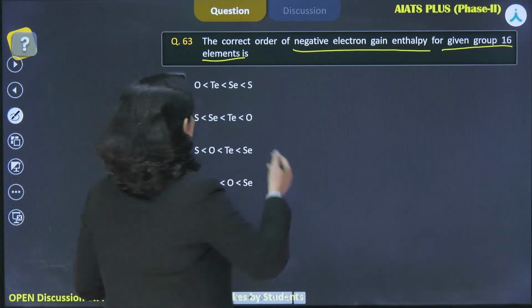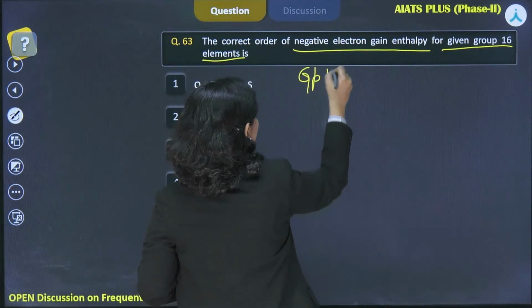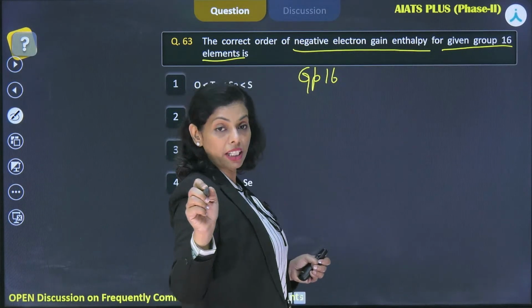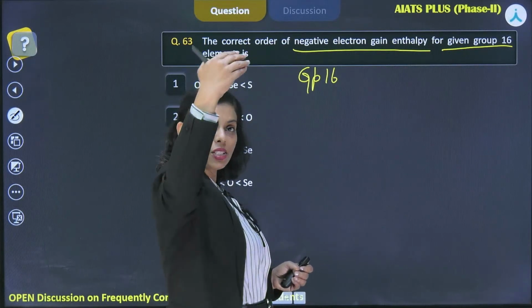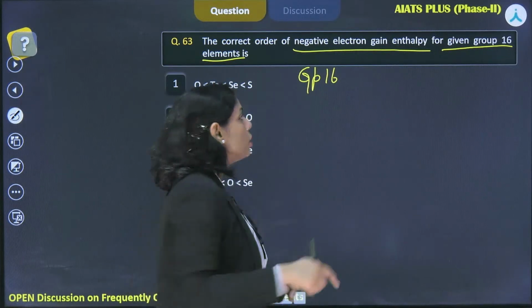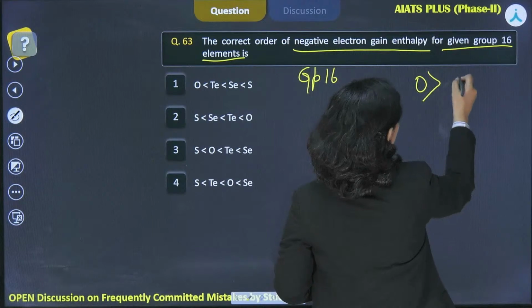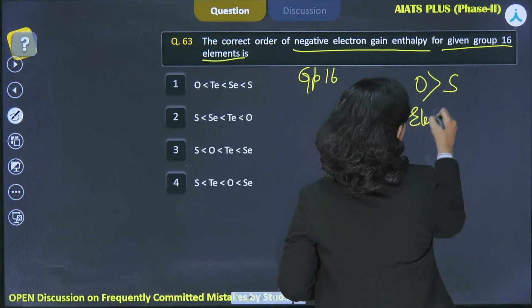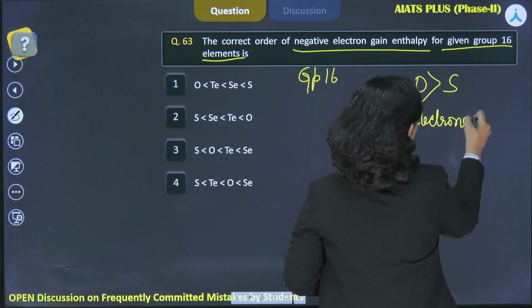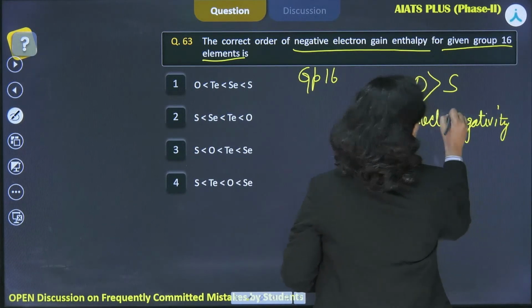Okay. So, in group 16, the order of electronegativity, we say that as you are moving down the group, you find that electronegativity decreases, right? So, if I am asking you what happens to the electronegativity, oxygen is more electronegative as compared to sulfur. Right?